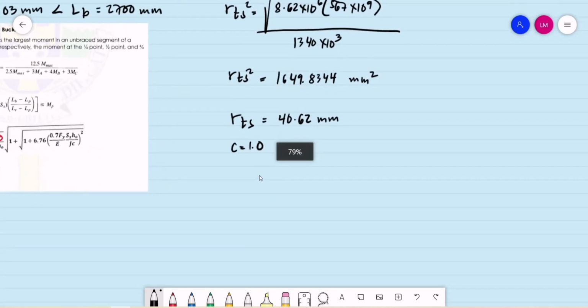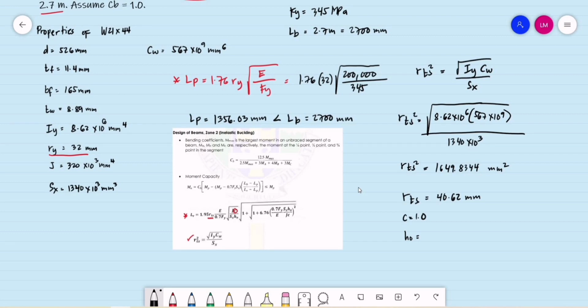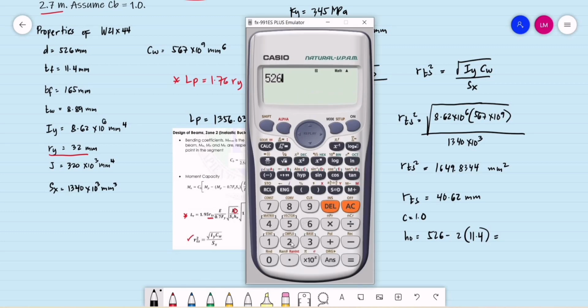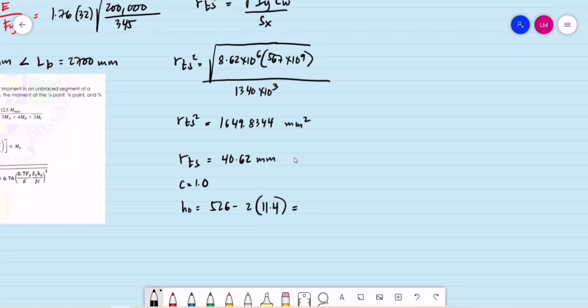So what is the total depth of W21 by 44? We have that as 526 minus twice the thickness of the flange, 11.4 millimeters. Sorry, it's not twice.